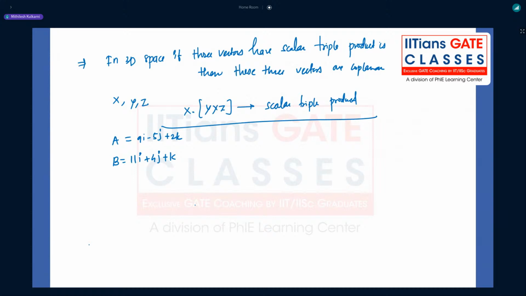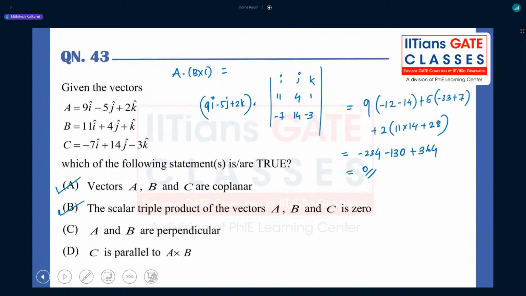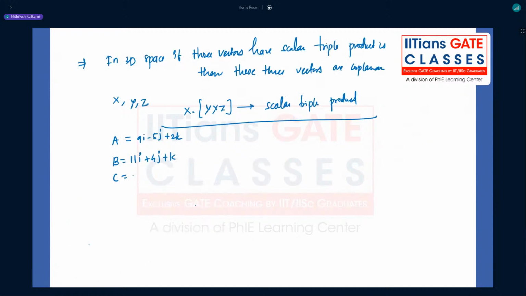Okay, and we'll also write C because we will need it later: minus 7i plus 14j minus 3k.